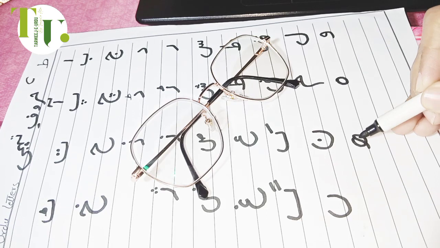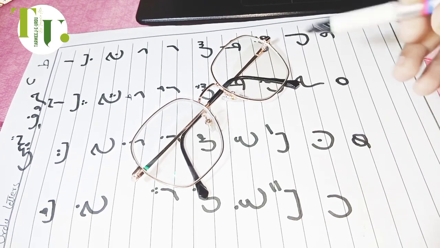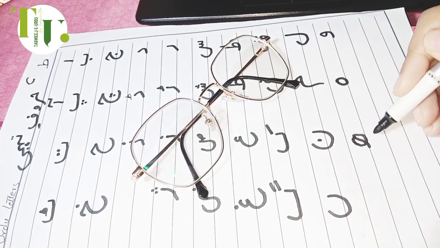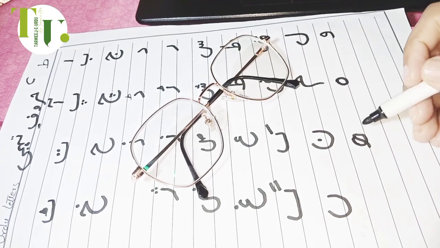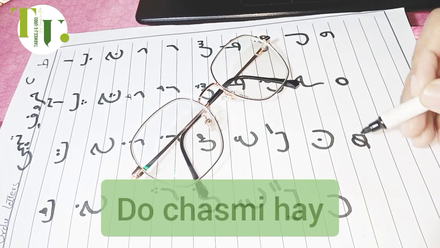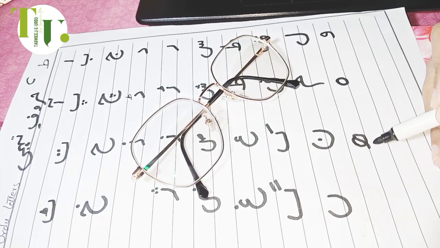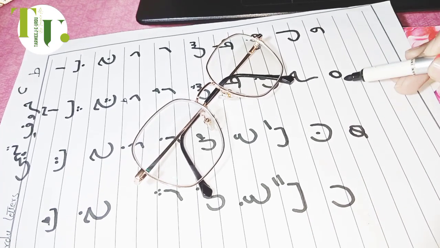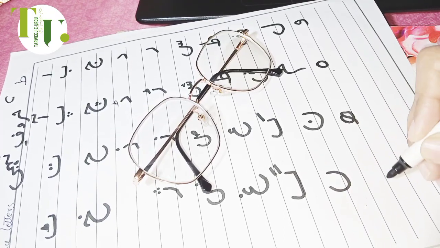So same in this letter you can see that here are two pairs of the circle, just like the chashma. So the pronunciation comes from the chashma sound. Do chashmi hai. We say chashma, but here in the letter we say chashmi hai. Chashmi, do chashmi hai. Okay, wow, hey, do chashmi hai. Now we have hamza.